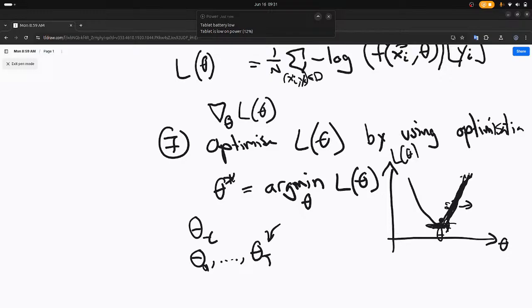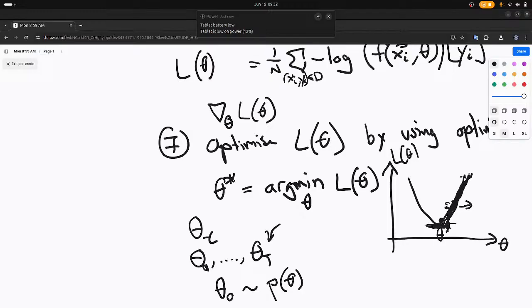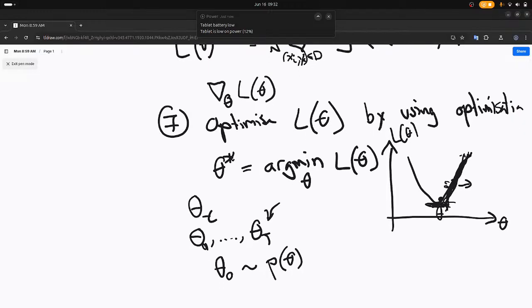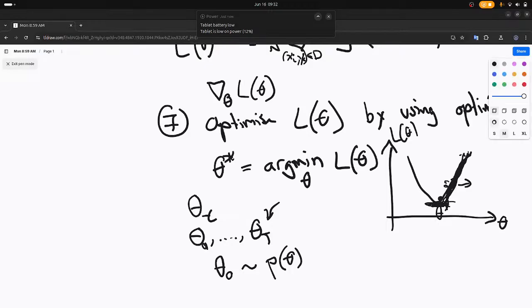How do we do it? We start by taking phi 0 as a random variable from some distribution p of theta. This could be normally distributed values, and then we update phi t is equal to some kind of function of the previous one.